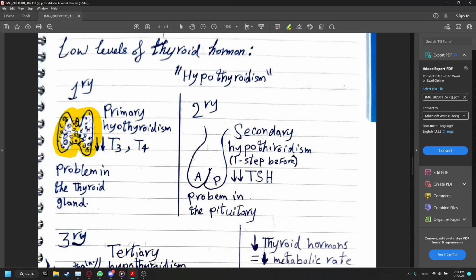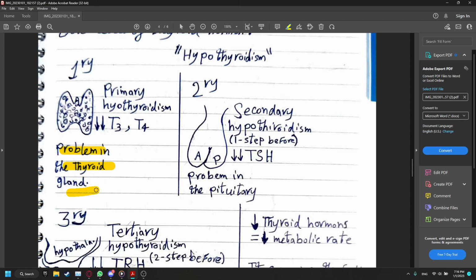Could be something like an autoimmune condition, or some sort of damage or low blood supply, or maybe even an infection. Mainly a problem with the thyroid gland here. So a secondary problem would be in the anterior pituitary gland here.